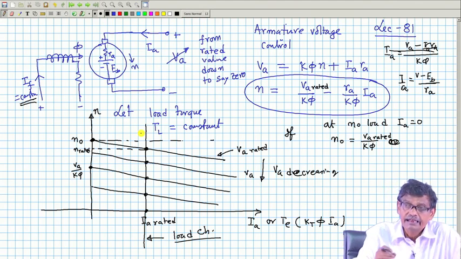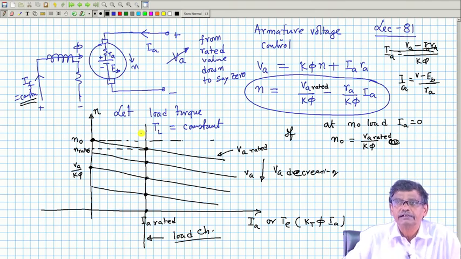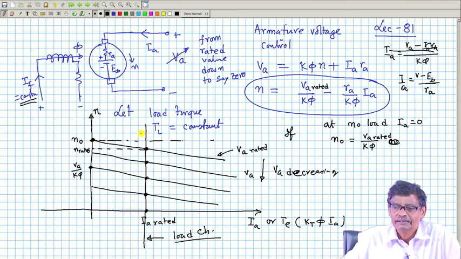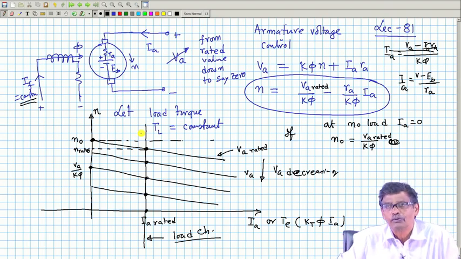Now, in earlier days, to have a variable DC supply voltage itself was a problem, because using a transformer, an auto transformer, from a fixed AC voltage, you can get a variable magnitude AC output voltage.